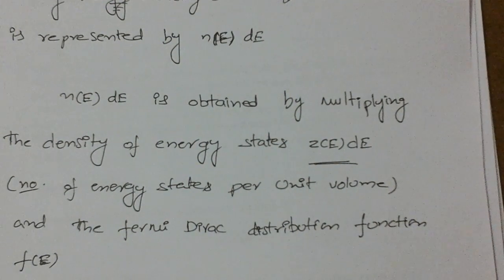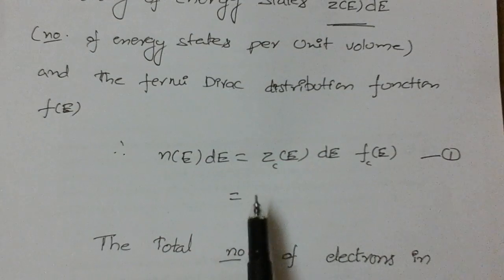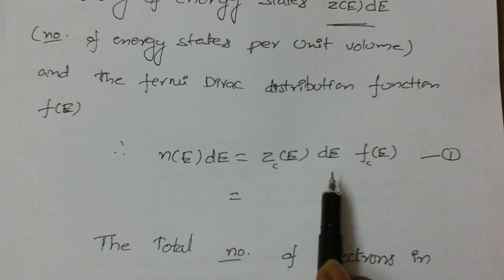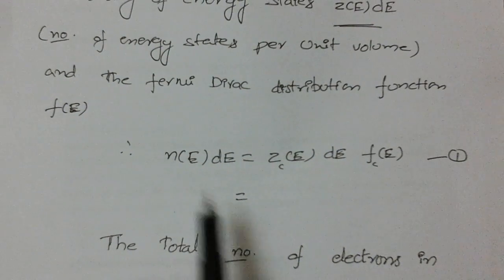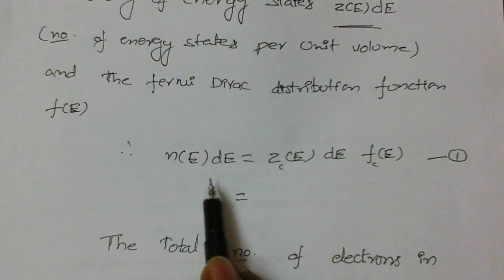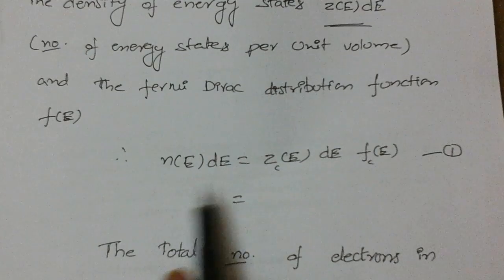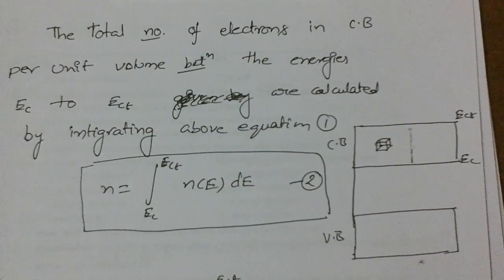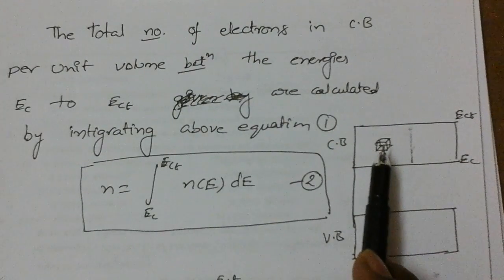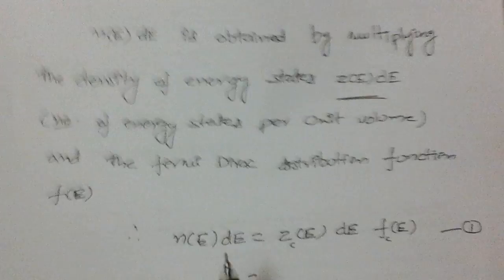n(E) dE is equal to Zc(E) dE times F(E). This is the number of electrons per unit volume.